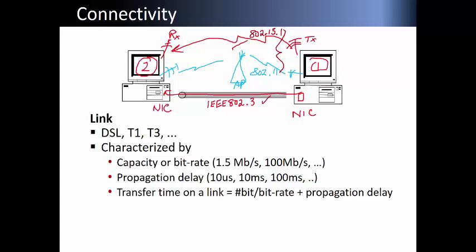So capacity of communication, or data rate: how many bits of data can be transmitted per second? That is called bps. So we have 1.5 Mbps or 100 Mbps or 1,000 Mbps. That type of thing is discussed.